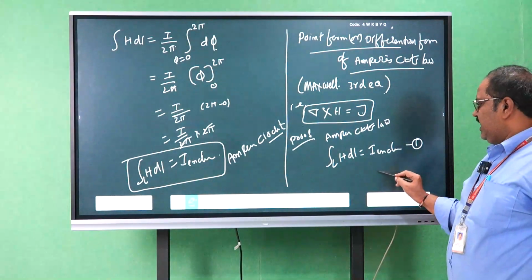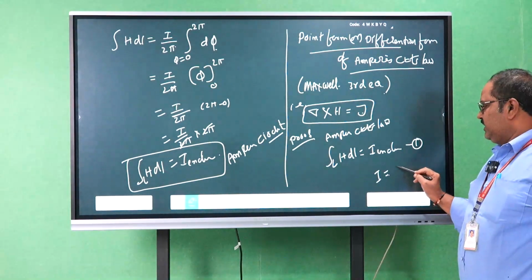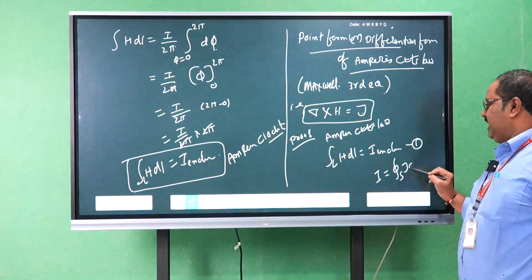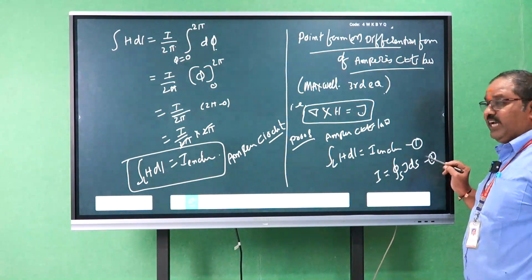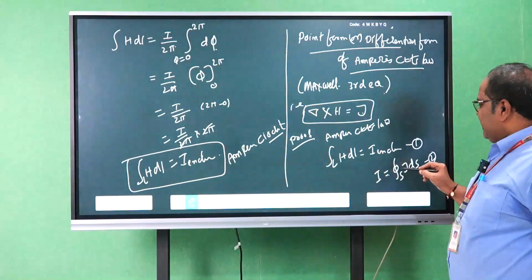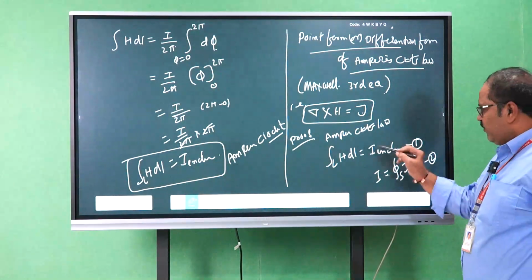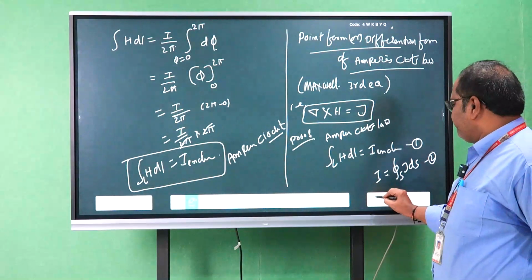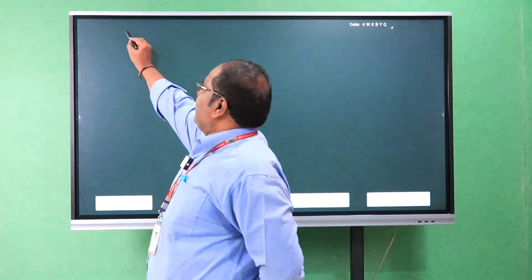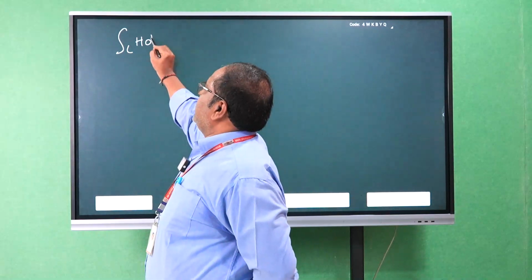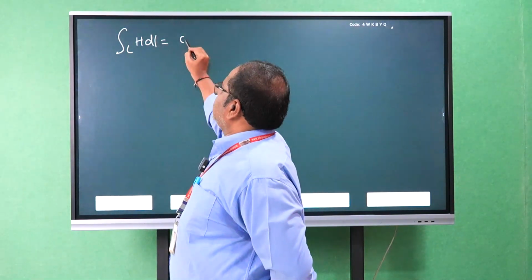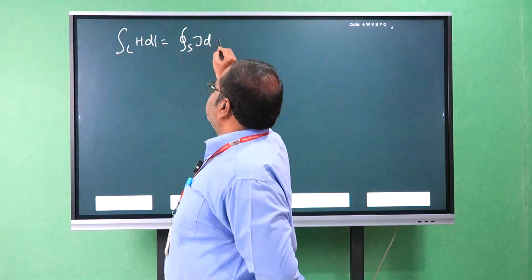But we know that I is equal to the surface integral of J dot ds. Therefore, substituting the surface integral of J dot ds for I in equation number 1, the above equation is modified. Therefore, the line integral of H dot dl is equal to the surface integral of J dot ds.